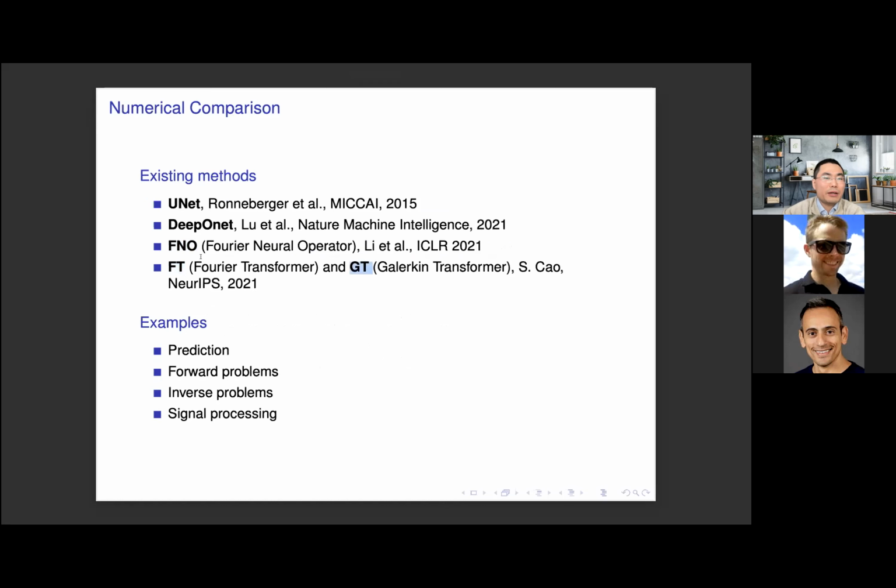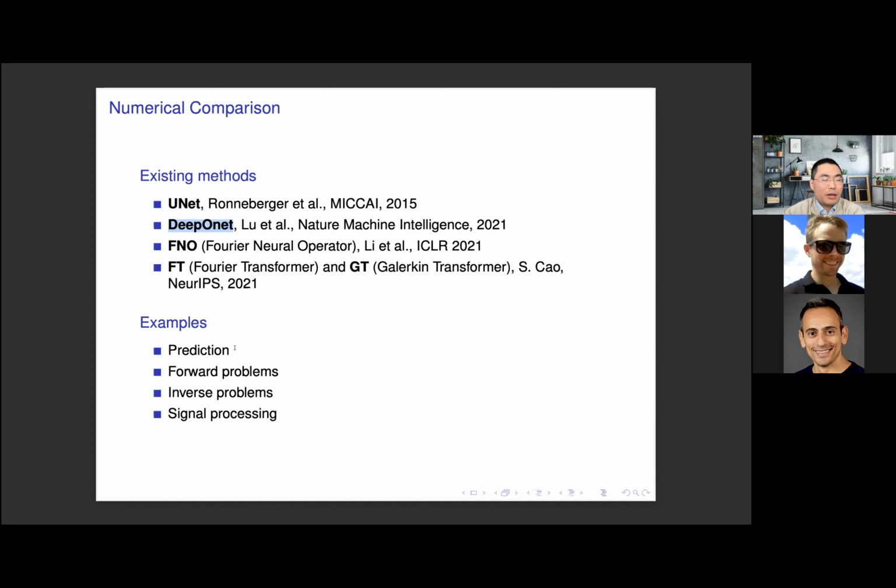We also compare it with some other algorithms that are not discretization-invariant, for example, the UNet for signal processing and the DeepONet. The original DeepONet is not discretization-invariant in the input. So for that algorithm, we need to repeatedly train the deep neural net again if we have different grid sizes in the test data.